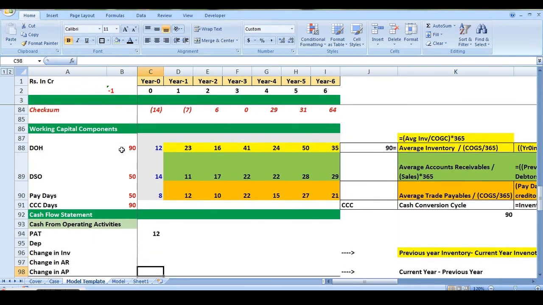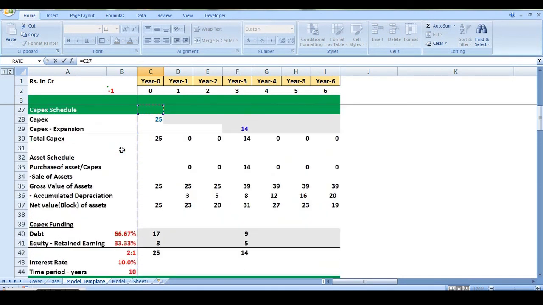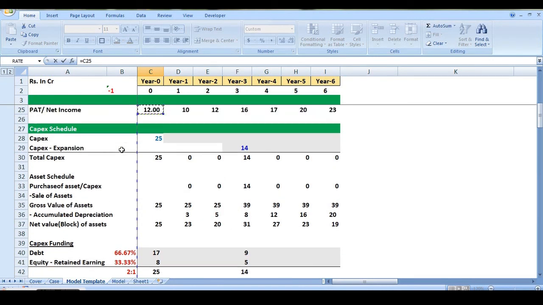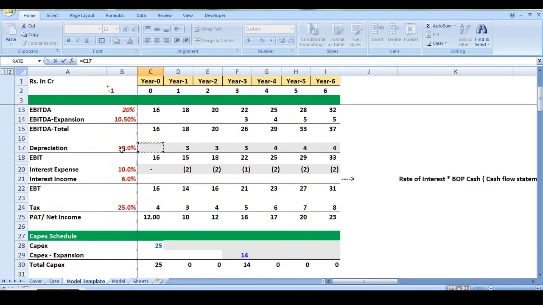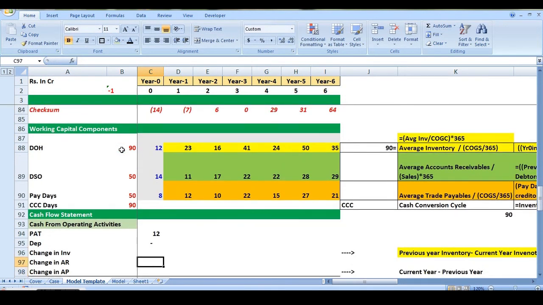Once we get the profit after tax, next comes depreciation. Depreciation value also we will calculate from the base calculation, that is the income statement calculation only. Though it is 0 for year 0, we will still link it with that value.